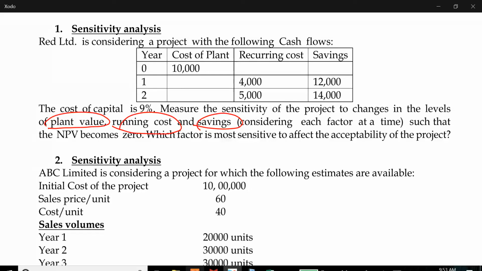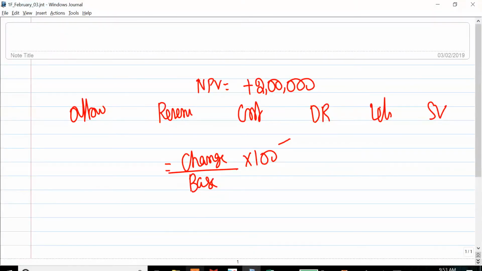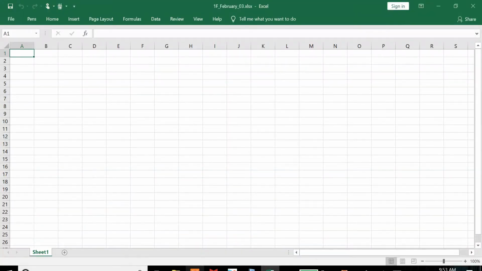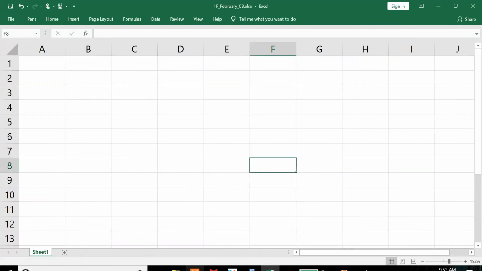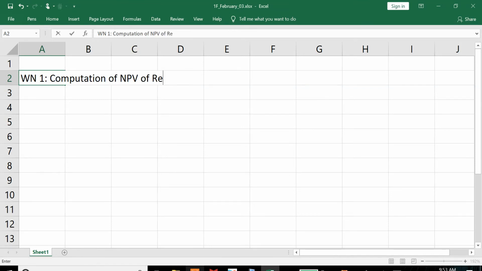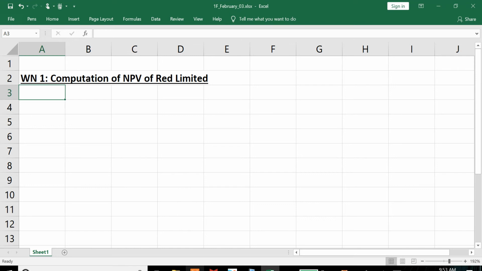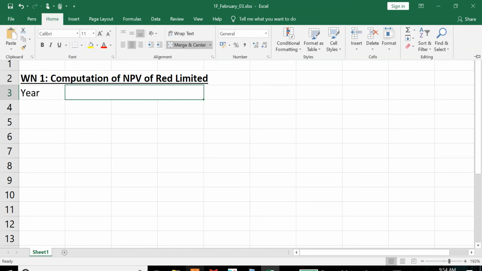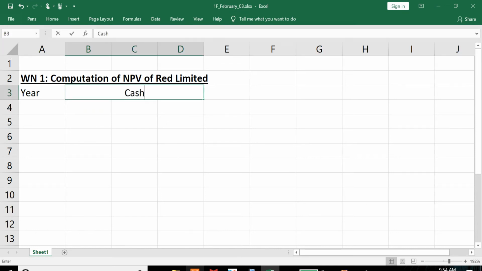Working note 1, computation of NPV of Red Limited. Year, cash flow will be split into 3 in this question.